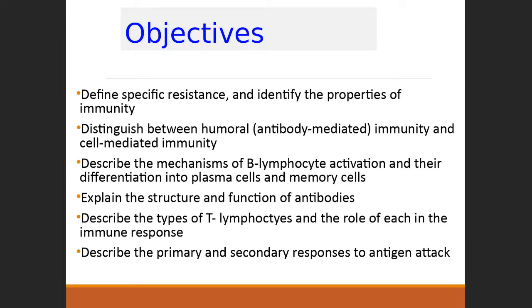We'll look at the role that antibodies wind up playing, as well as look at some of the subcategories of the different cells that are going to be involved. The B memory cells, the T helper cells, the T cytotoxic cells, and we'll bring up some cells that we've already talked about, like our natural killer cells that were involved in our innate immune system.